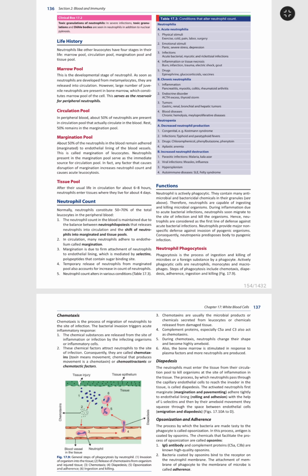Now neutrophil has two pools, tissue pool and marginated pool. In the marginated pool it adheres to the endothelium. It's called margination, whereas the tissue pool is in the tissue, the blood and all.